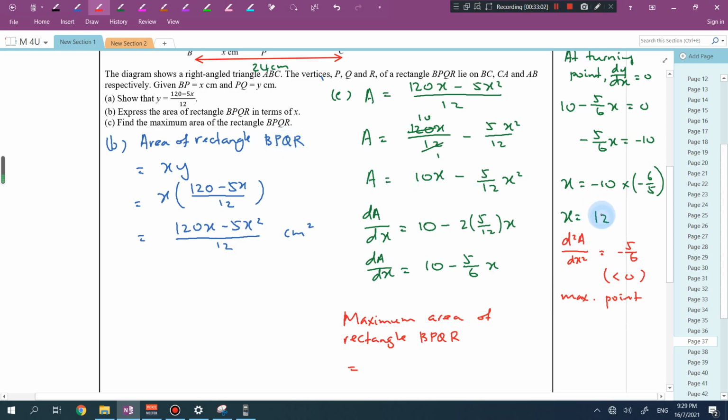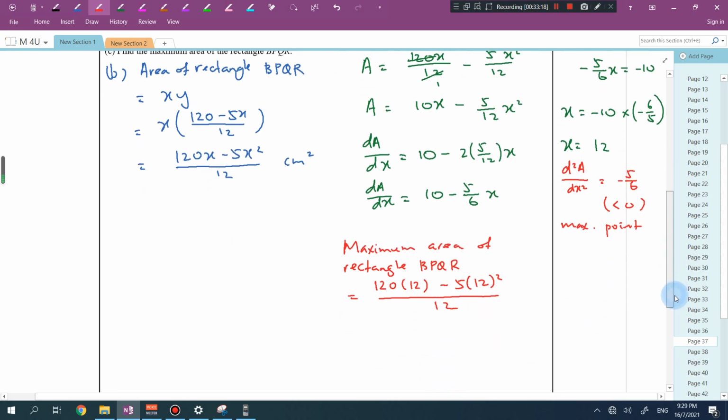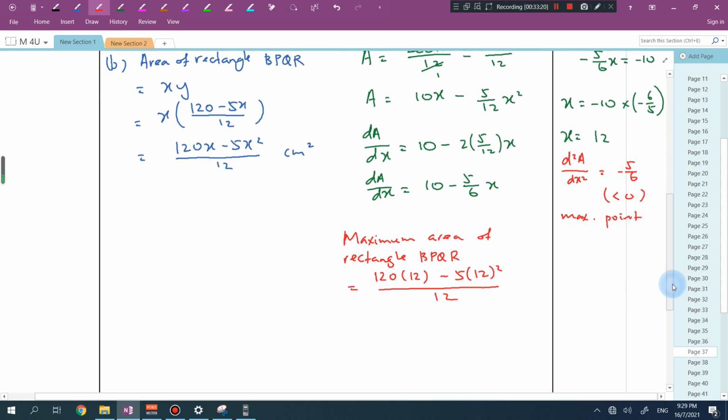So I'm going to bring the 12 inside here and here, and then press our calculator, then we will get the maximum area. Okay, so the answer is 60 square centimeter.